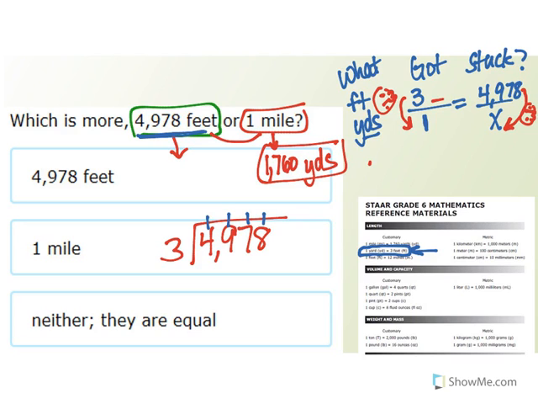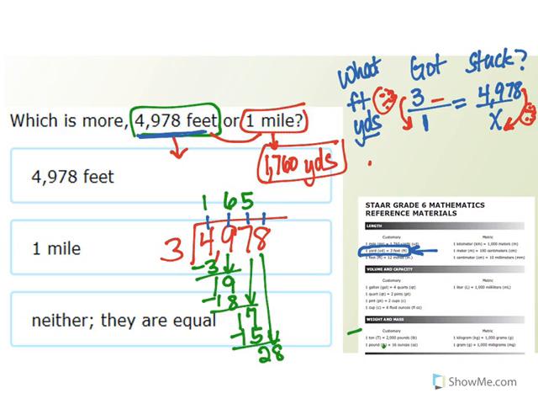3 can go into 4 one time. I have 1 left. All right. 3 can go into 19 6 times. 3 can go into 17 5 times. You have 2 left.